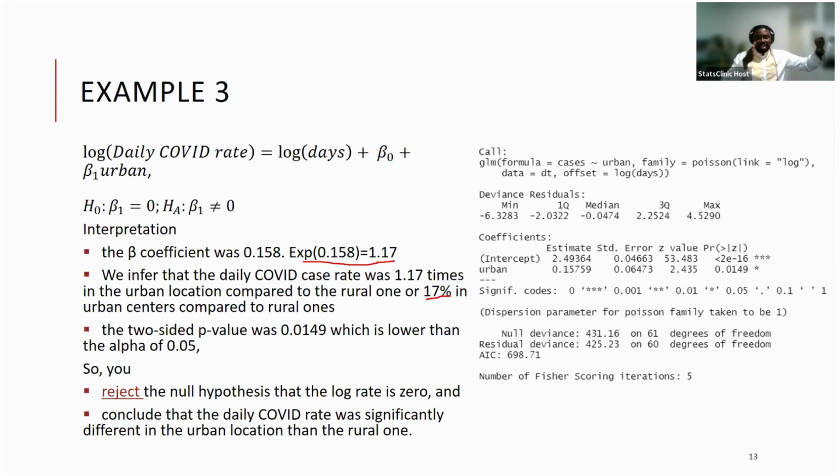You cannot have less than 0 if it's a ratio. But beyond 1, it's not bounded, it goes into infinity. So that's why it's not ideal. It's better to use this approach when it's greater than 1. You just say 1.17 times in the urban location compared to the rural one.